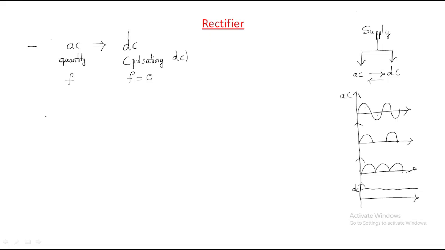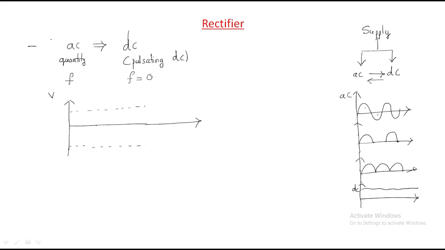So we need to have some terms regarding AC supply before entering into the topic. Generally, any AC quantity may be AC voltage or AC current. For example, I am taking the voltage, which is a voltage waveform.